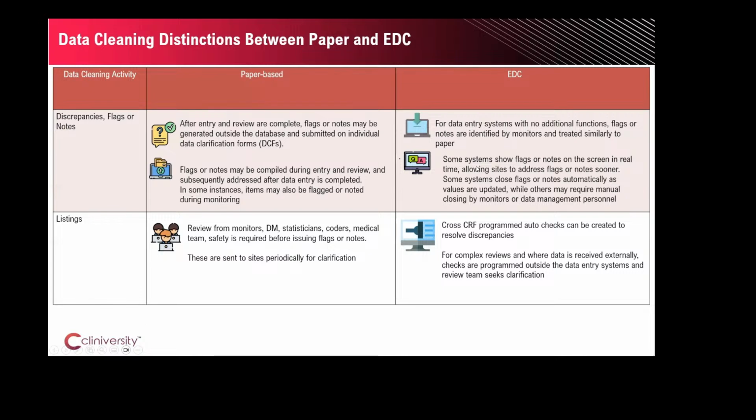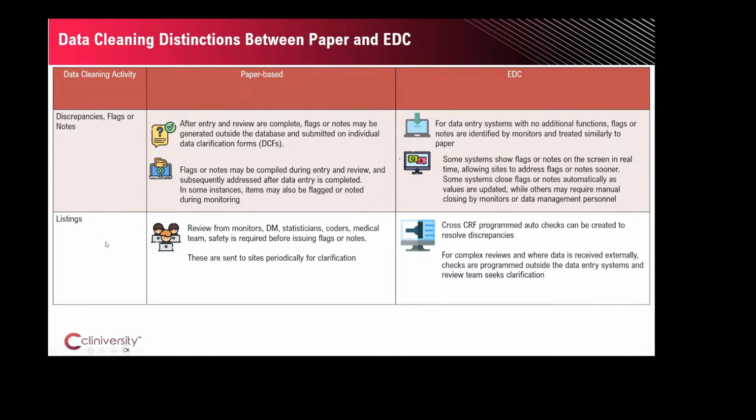Sometimes EDC will close these discrepancies automatically as soon as the data entry is done or the entry is corrected. But sometimes the screens will only allow manual closure of discrepancies. This is to allow a thorough review of the data change before the issue is closed.